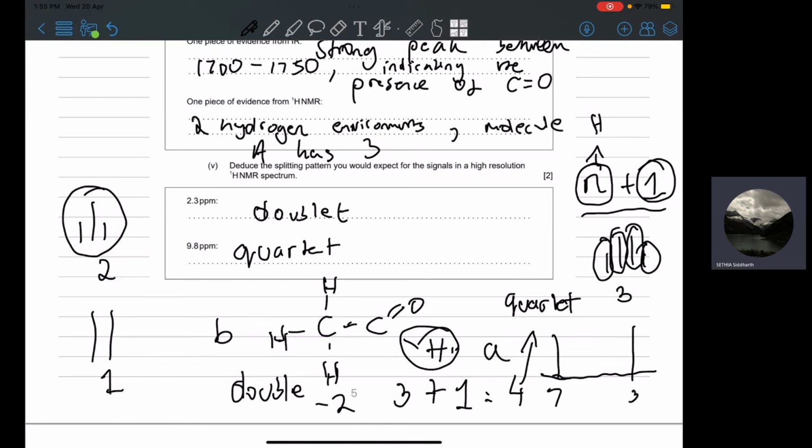Imagine if it was 3, it would be a triplet. A 4 is a quartet, right? I don't think we have gone above that in IB, to be honest. But yeah, you need to know doublet and quartet. There are also singlets. If you have no neighbors, it's a singlet. If you have 1 neighbor, it's a doublet. If you have 2 neighbors, it's a triplet. If you have 3 neighbors, it's a quartet.